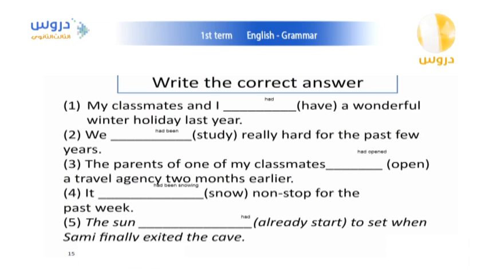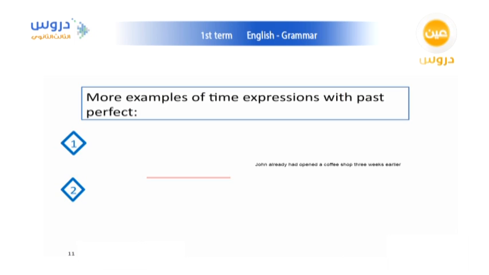Had already started. So here you can say, John had already opened a coffee shop like 3 months earlier, to make it clear for you.